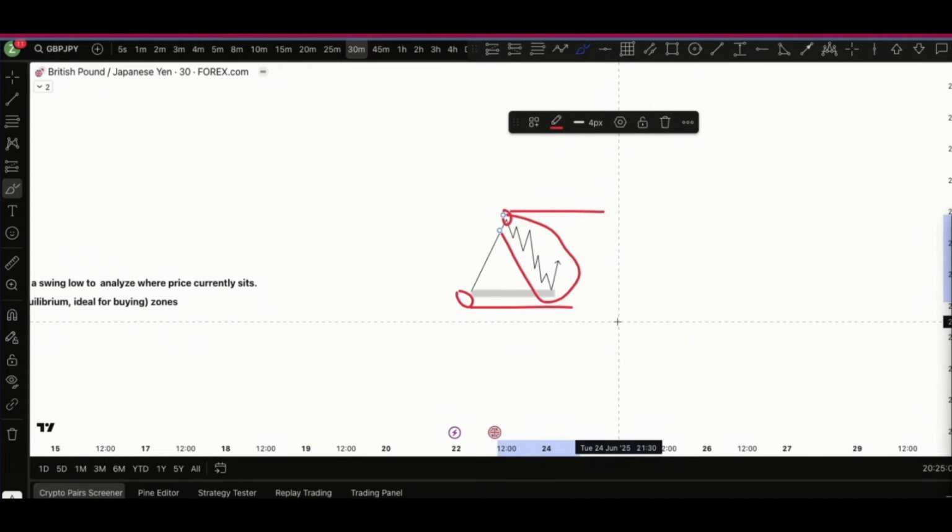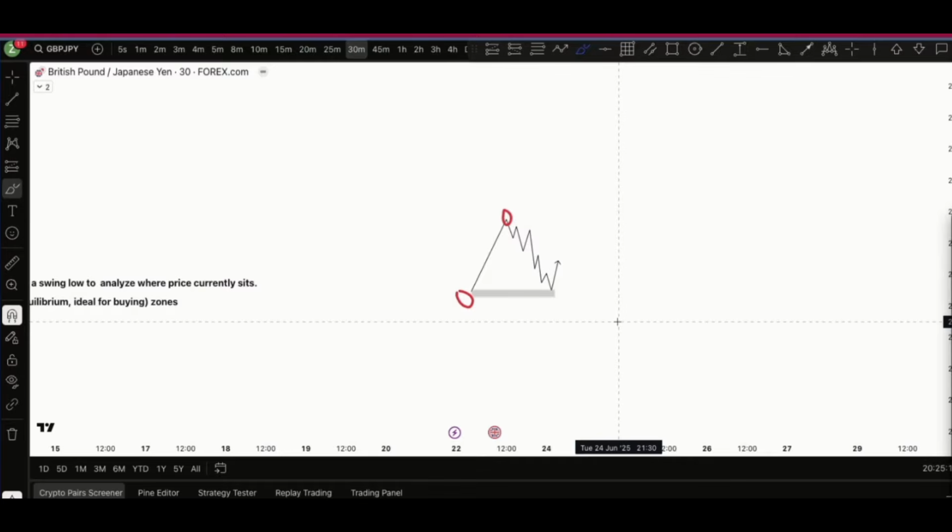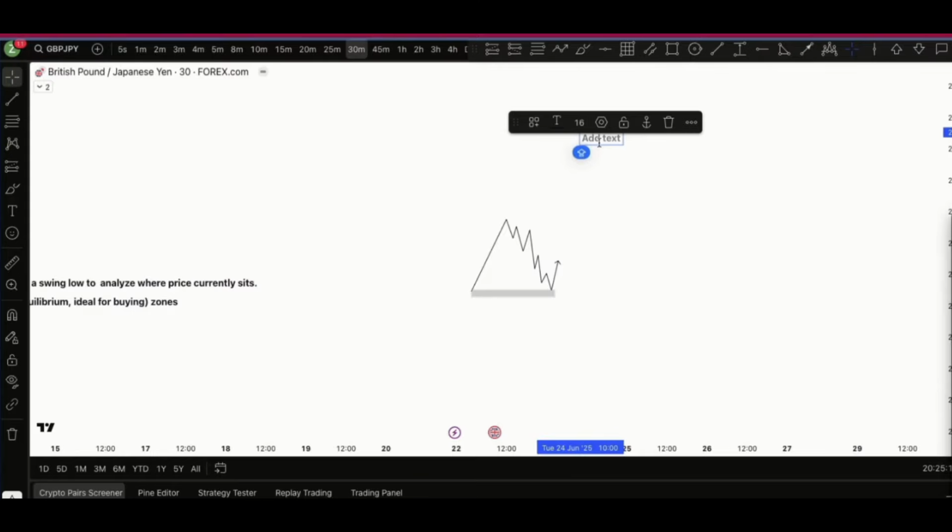In order to confirm a swing low and a swing high, you need three things. Let me list them for you. One, you must first see a sweep of liquidity. We will look at liquidity when we get to that aspect, and I know most of us already know what liquidity is.